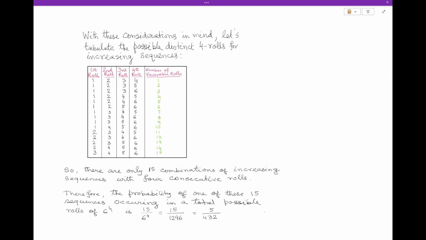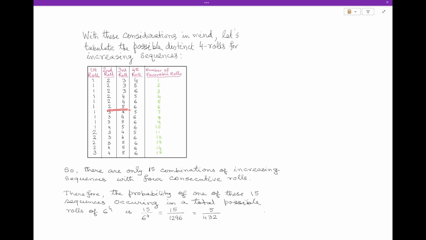We will take the first roll to be 1 first, and then 2, then 3. If the first roll is 1 and the second is 2, then there could be 2, 3, 4; 2, 3, 5; 2, 3, 6; 2, 4, 5; 2, 4, 6; 2, 5, 6.